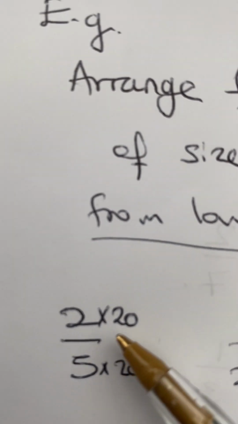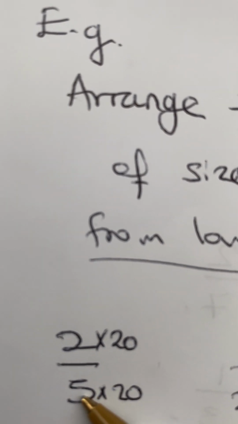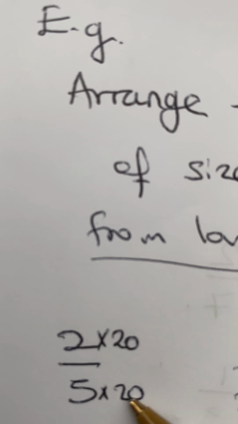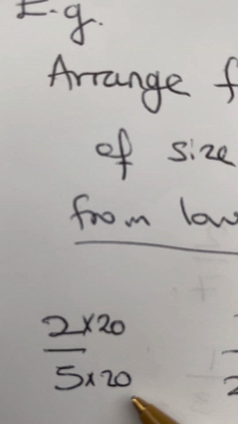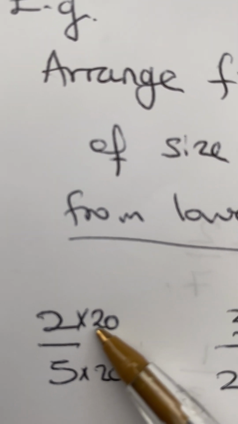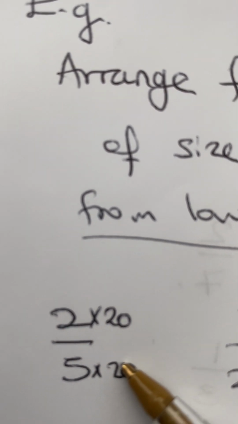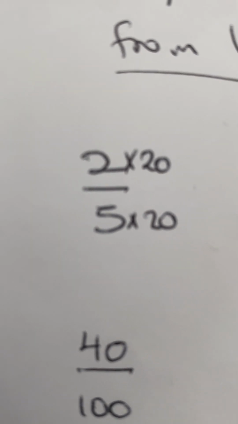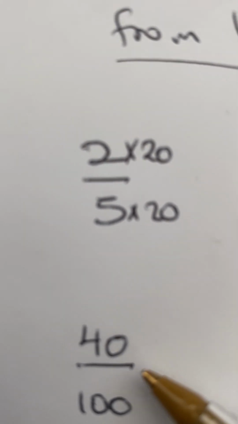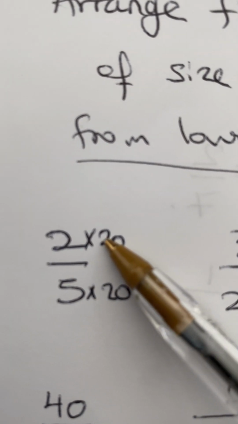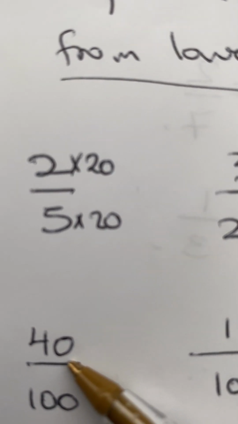So how do I do this? If I multiply the denominator 5 by 20, then I have to do the same to the top. So 5 times 20 is 100, and 2 times 20 gives me 40.